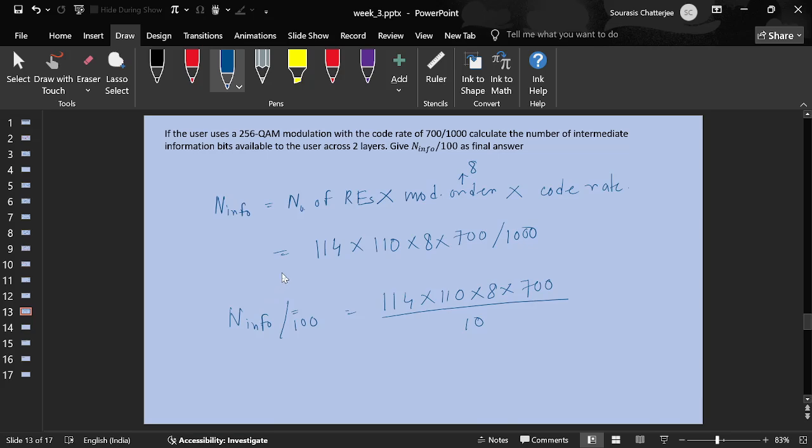It's much lesser than that. It's basically 10 to the power 5. Okay, thanks. It should be 10 to the power 5 here.